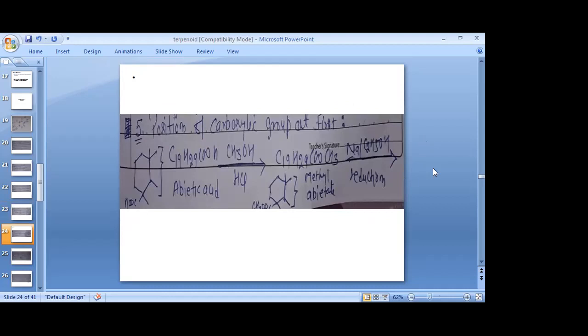Now after that, consider the position of the carboxylic group. The point that comes is, what about the position of the carboxylic group? For that we need to do some more reactions.